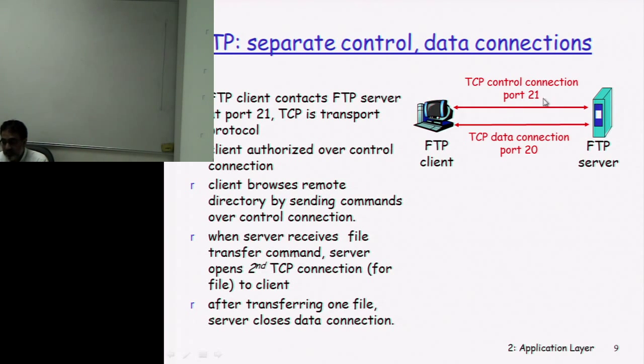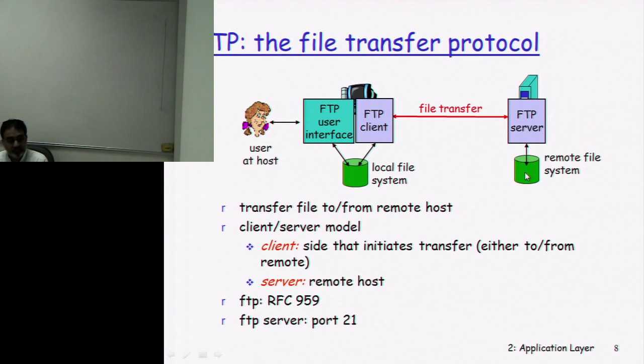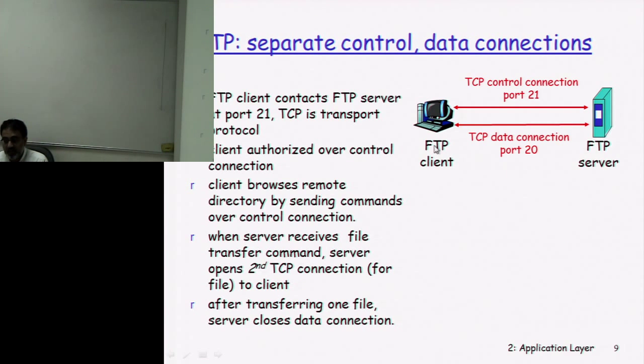For this client, there will be a directory. You have seen there is a database here, and every client will be assigned some place on the FTP server. There will be directories on that hard disk in which the FTP clients will upload their files. Clear? So the client browses the remote directory on the FTP server by sending commands over the control connection.